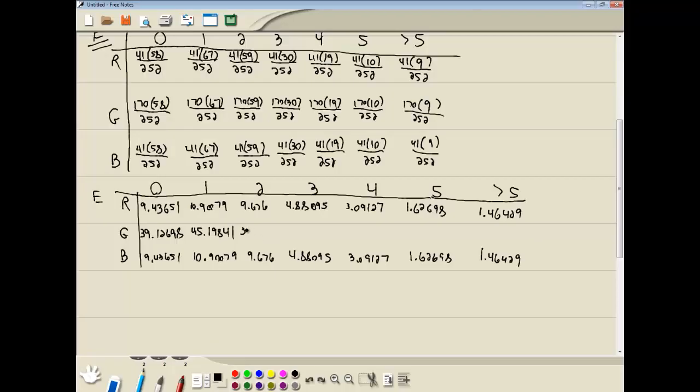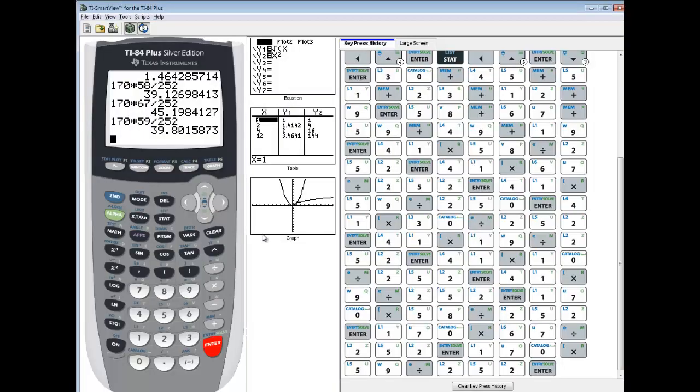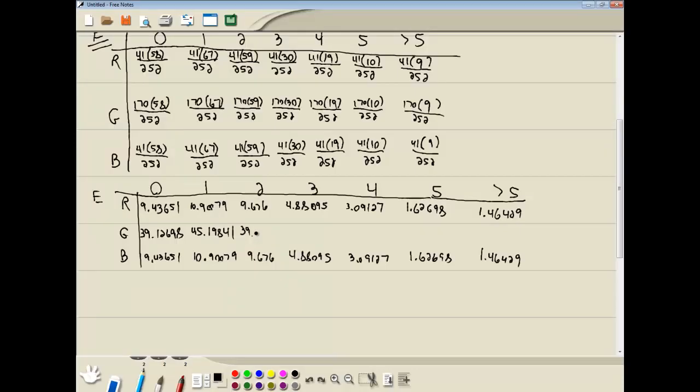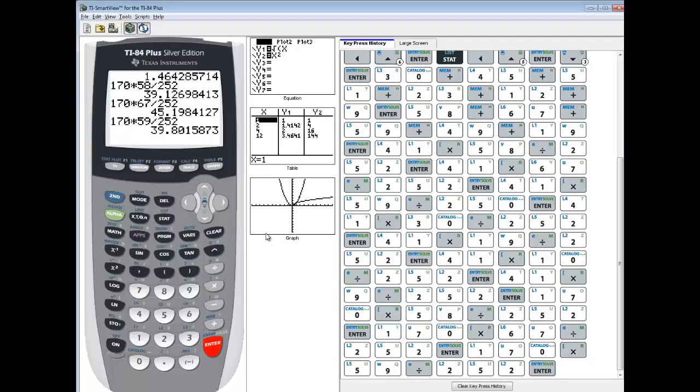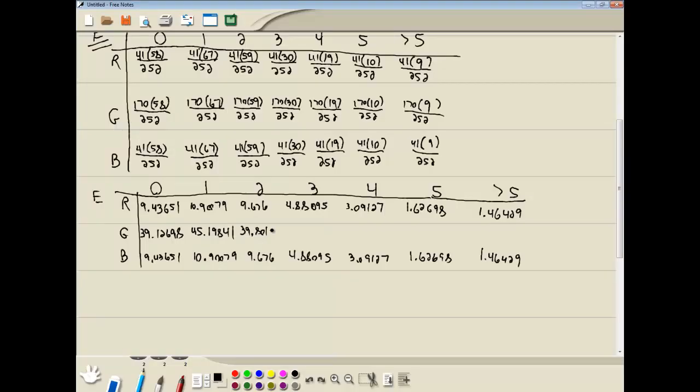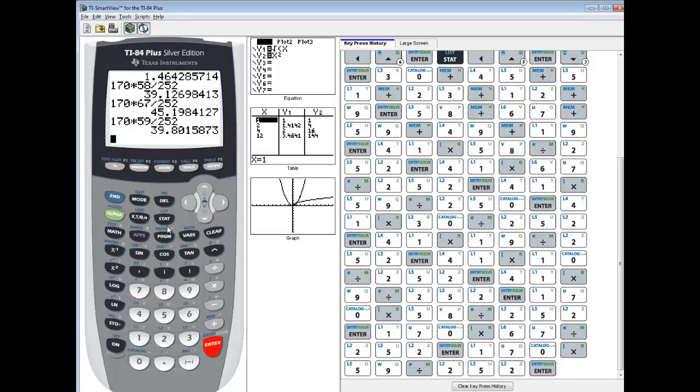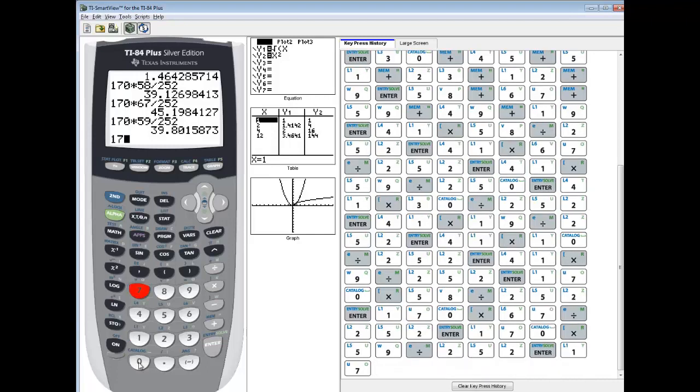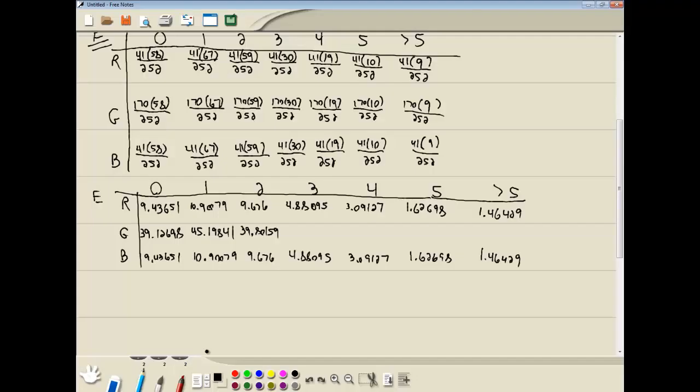By the way, if I don't get the right answer on this, I'm not going to redo it. I think you understand the idea, even though I may be sloppy on adding my numbers and multiplying and so forth. 59. And the next one is 170 times 30 divided by 252. 20.23801. That 09 rounds.